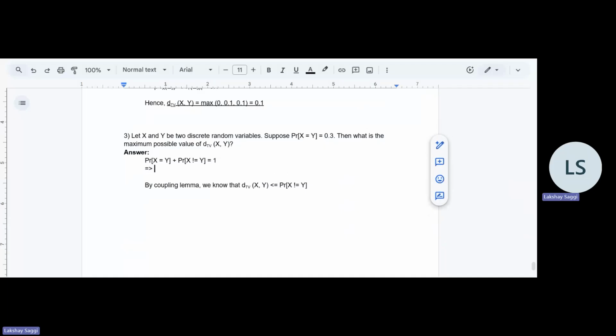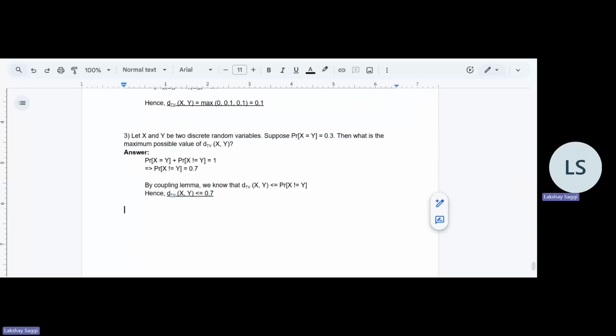This implies that the probability x not equal to y is just 1 minus 0.3, which is 0.7. So the total variation distance is less than or equal to 0.7. This is what we know.